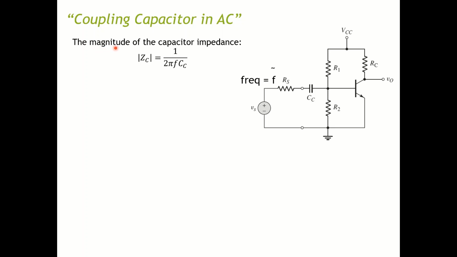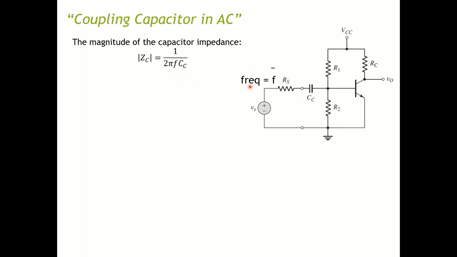You can easily calculate the magnitude of this capacitor impedance, which is 1 over 2 pi f CC. Okay, and CC is the capacitance of this capacitor. Why is it magnitude? Because impedance has two components, a real and an imaginary component. So you actually want to calculate the magnitude of the impedance.